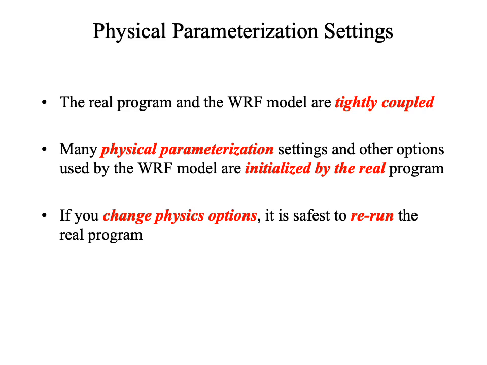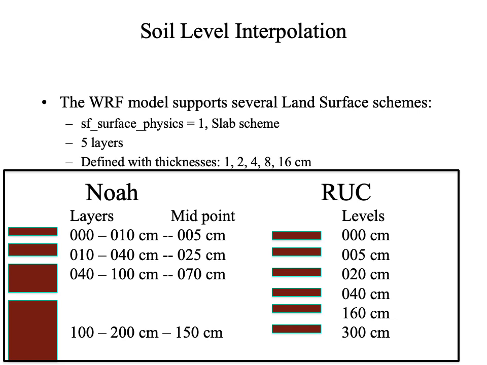There are a number of physical parameterization settings available inside of the namelist options that have initialization capabilities that are provided by the real program. So it is safest, if you change physics options, to rerun the real program. An easy example is soil level interpolation.